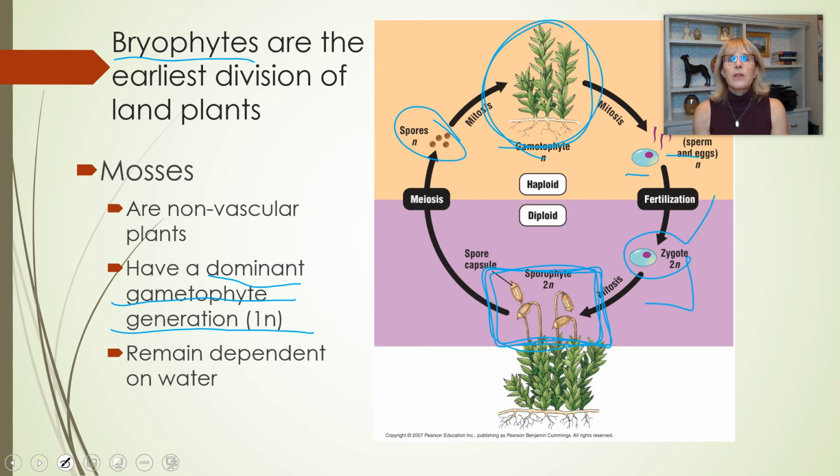So you will only find them either in rainforests where it's raining so frequently and in between rains it's really, really humid, or on the north sides of houses where the sprinklers go off every day, or in a shady spot where the air conditioner drips. You can find mosses there because they've got to be kept constantly moist.